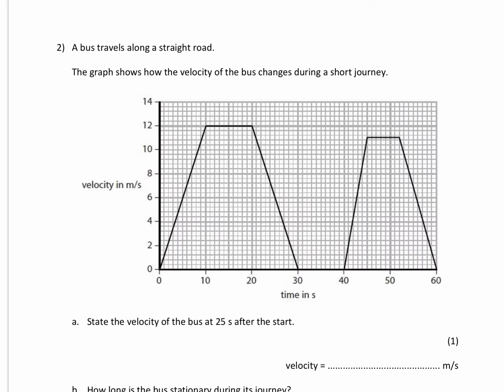That's it. Okay, here's our next question, looking at a velocity time graph, bearing in mind, of course, that the gradient will be the acceleration and the area underneath the distance. Those are two things you should quickly pick up on. It says the graph shows a bus travelling; state the velocity at 25 seconds. You've got to be careful there.